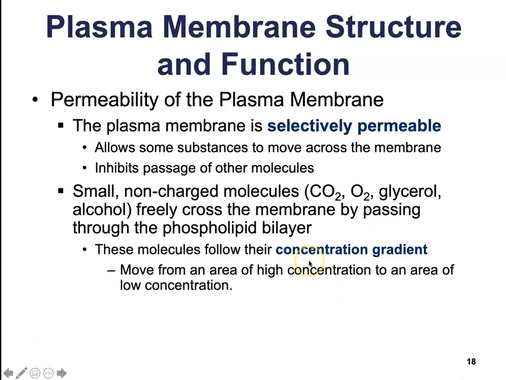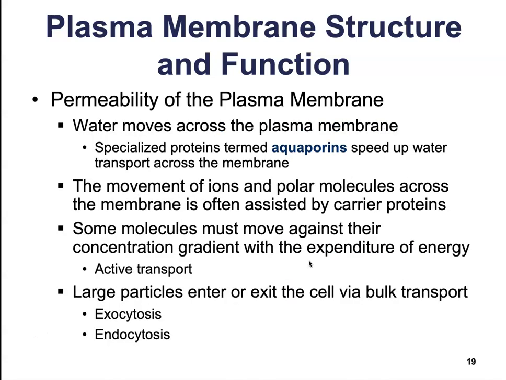They follow their concentration gradient, meaning they will move from an area of high concentration to low concentration. We call that diffusion. They're able to just move through that membrane on their own. They don't need a channel protein or a carrier protein. Water actually moves across the plasma membrane through special proteins called aquaporins.